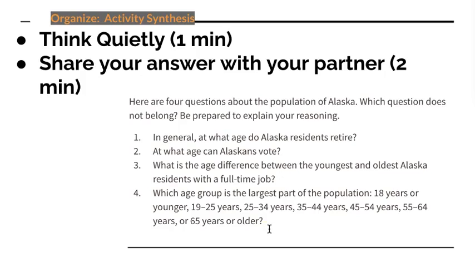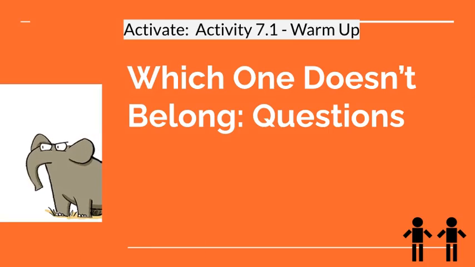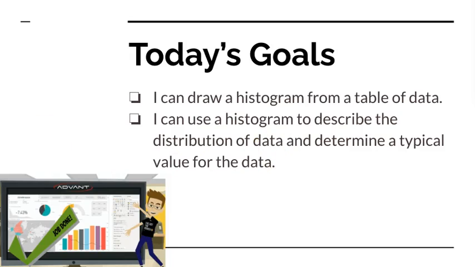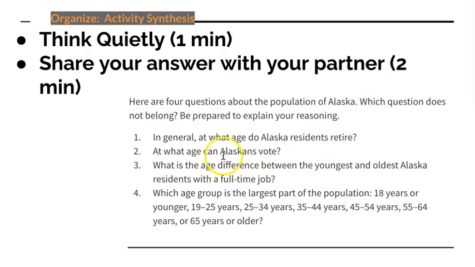So when I'm looking at these, I really think that the one that doesn't work with the other ones, sorry about that. I think you can make an argument for a lot of these, right?